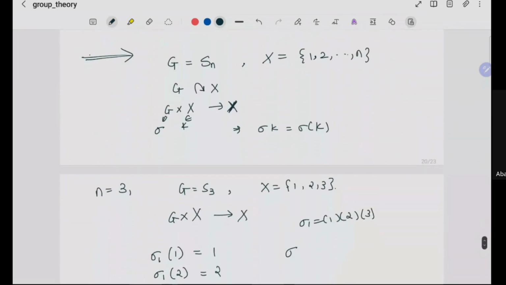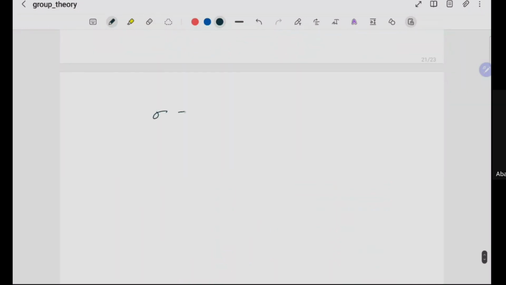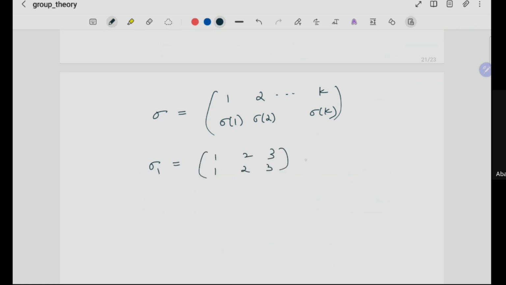So when we write sigma, what is sigma? Sigma is 1, 2, up to k, and what is this sigma? Sigma 1, sigma 2, sigma k, right? In our case, what was sigma 1? It was 1, 2, 3 going to 1, 2, 3. So this is 1, 2, 3, sigma 1, sigma 2, sigma 3.